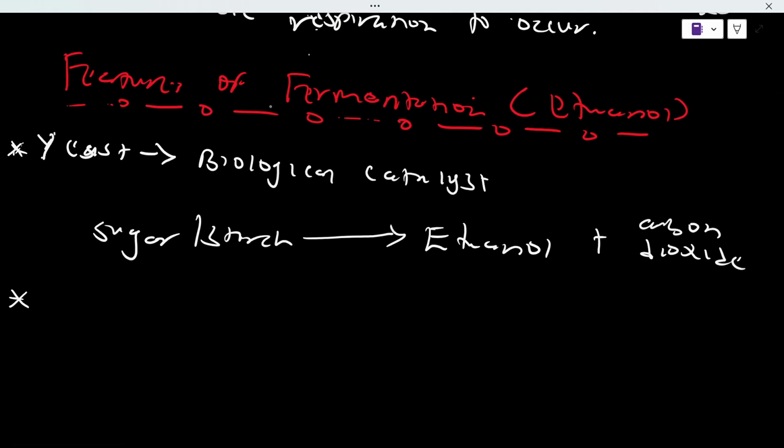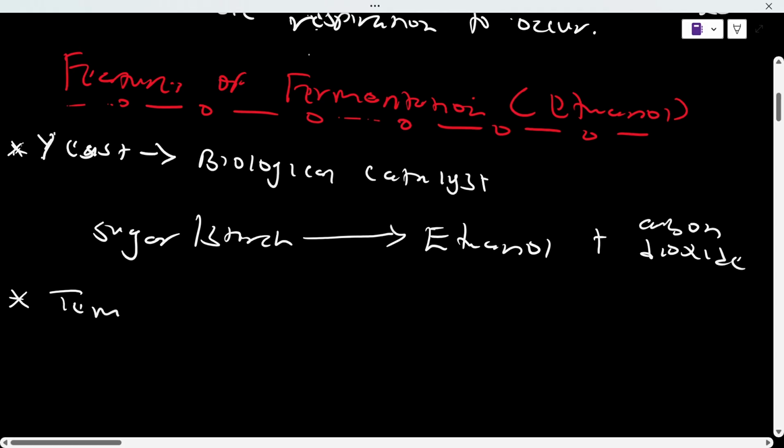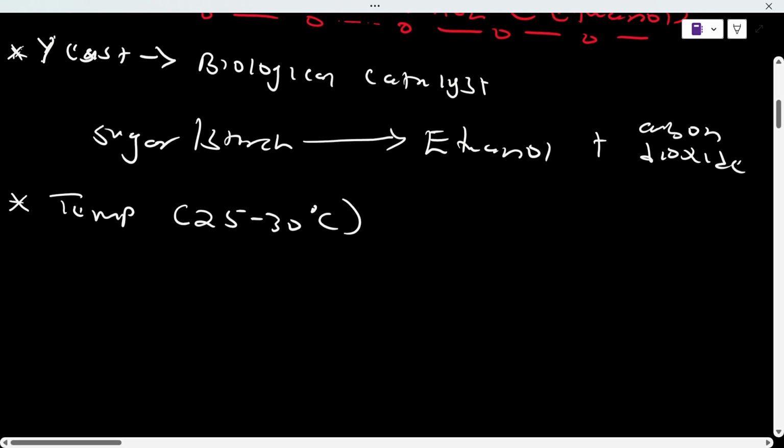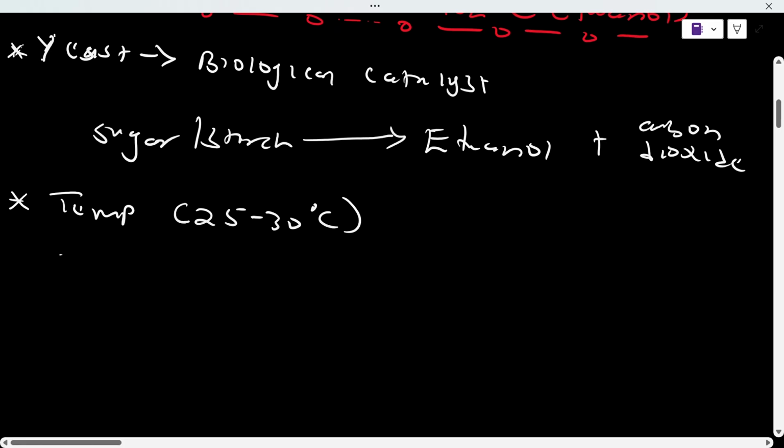We have to maintain the temperature upon which the reaction is occurring at about 25 to 30 degrees Celsius. So somebody might be asking, why do we have to do this? The first key thing, yeast cells are living.